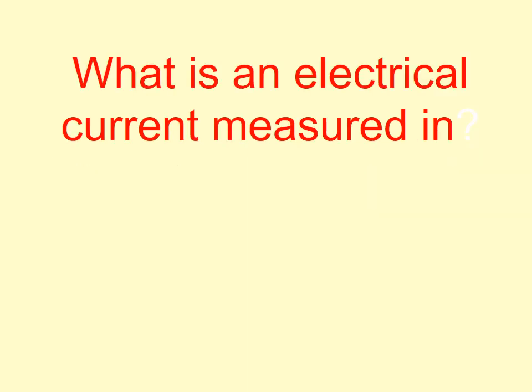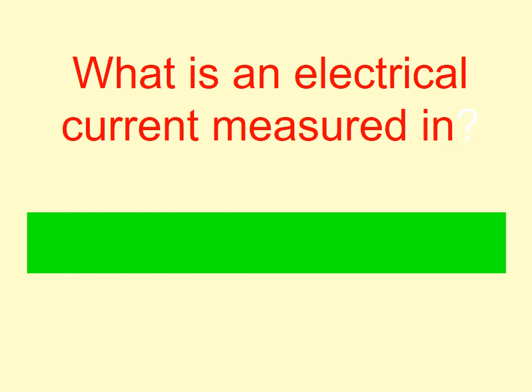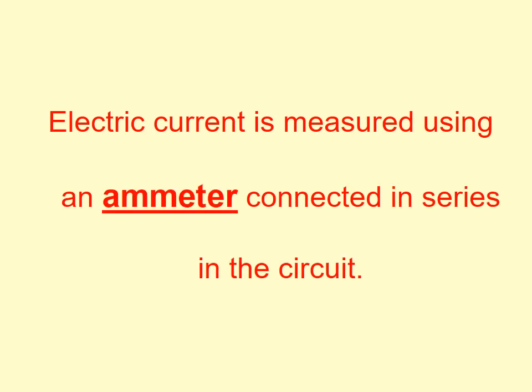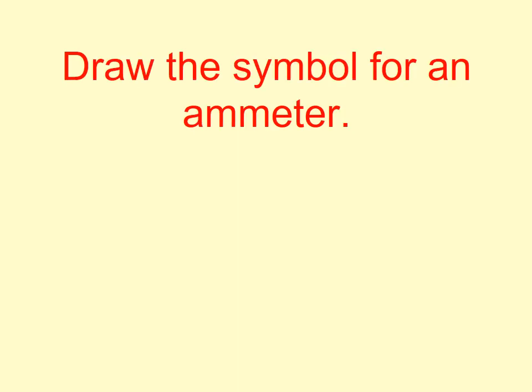What is an electrical current measured in? Amps. Electric current is measured using an what connected in series in the circuit? An ammeter. Draw a symbol for an ammeter.